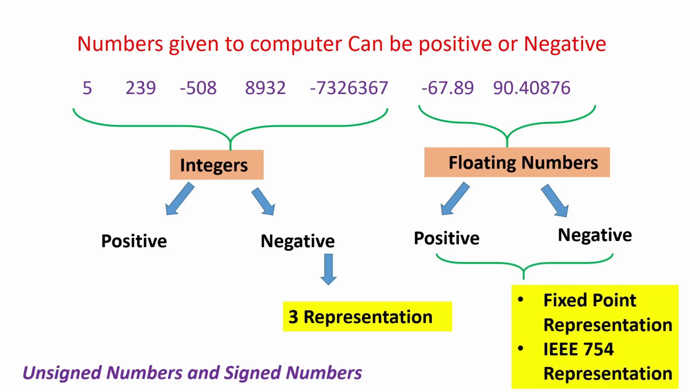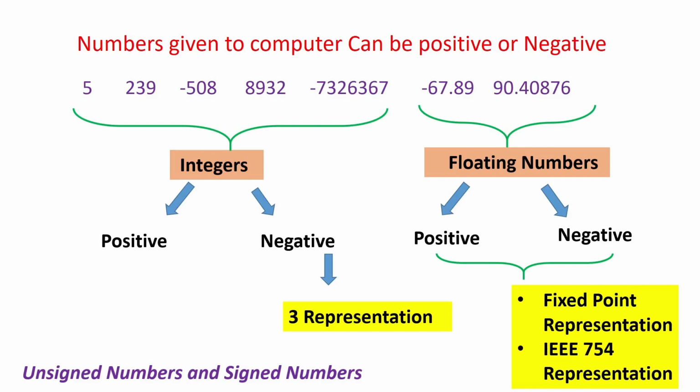To represent floating point numbers, we have two different representations: fixed point representation, and the next one is IEEE 754 representation. These two help us express floating point numbers in binary.